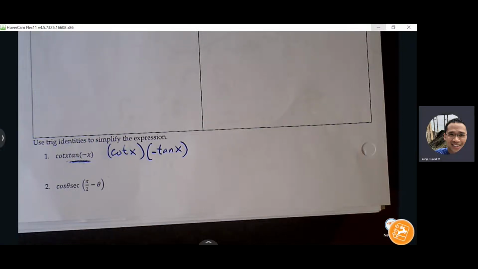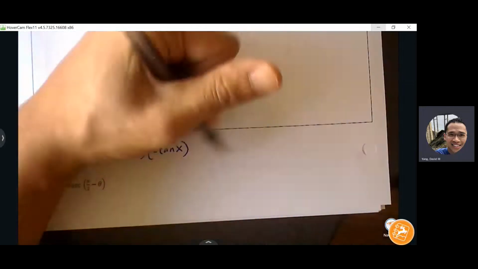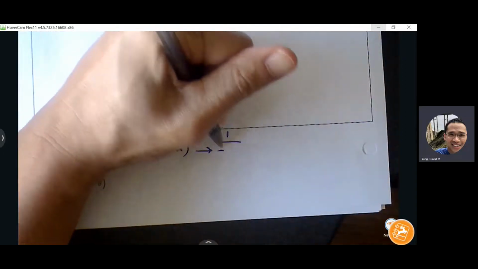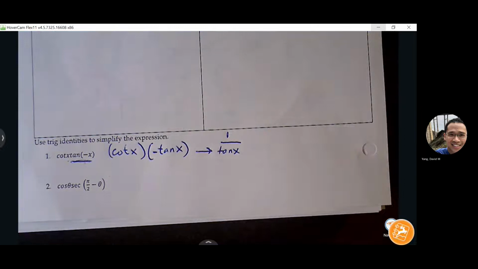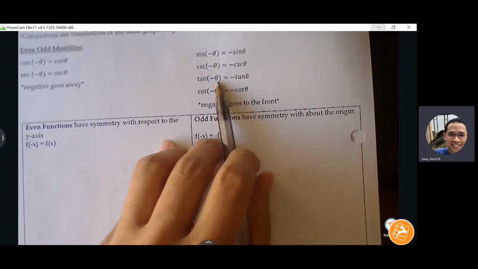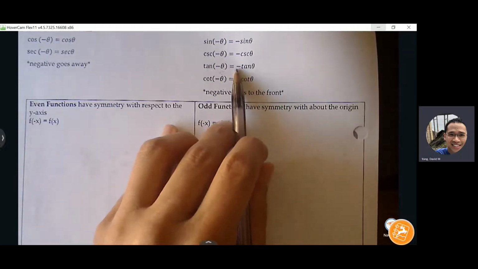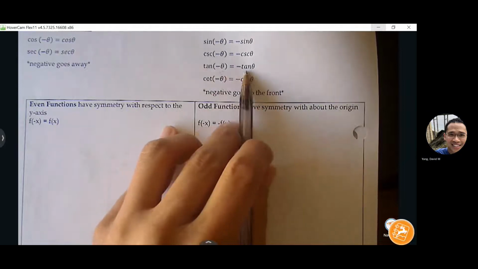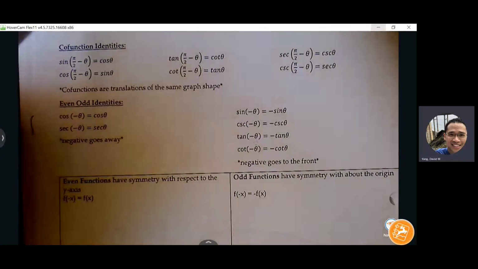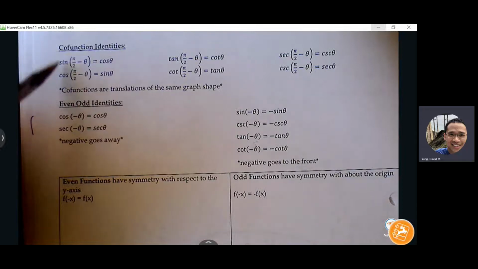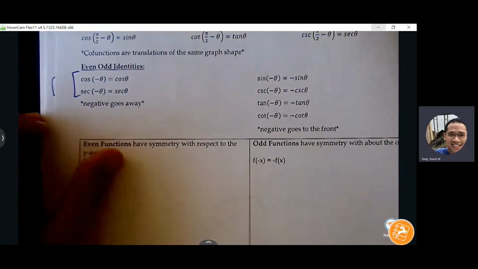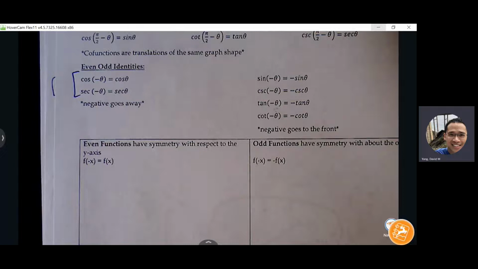What can I do to see what can cancel or reduce? I can rewrite that cotangent. Cotangent is the same thing as 1 over tangent. The reason is because we have this property available to us: if I have tangent of negative theta, I can rewrite this as -1 times tangent of theta. If you can just remember cosine and its reciprocal are even, then the other 4 are odd.